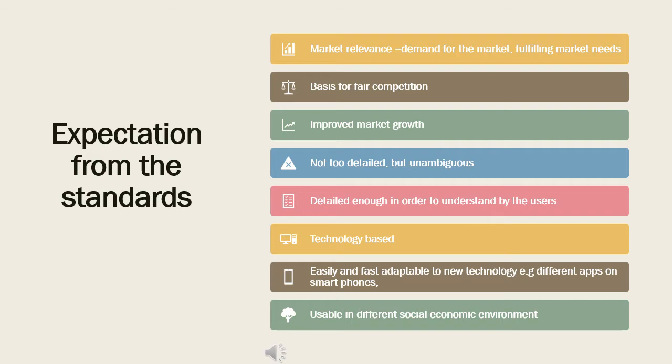And then another expectation is that it should be technology based. Standards should be technology based in such a sense that you can use the available technology to detect or understand how it was developed or to have scientific proof about it. And it should be easily and fast adaptable to new technologies.